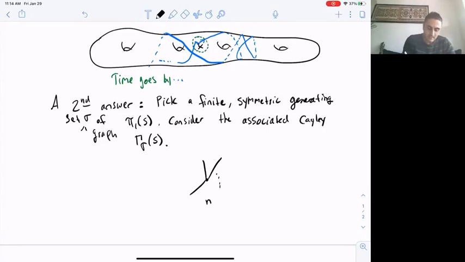There's n of these edges, where n is the size of the generating set. And what I'm going to do is, starting at a particular base point, let's just say the identity element in the group, okay? I'm going to take a dice with n sides and I'm going to roll it. And whatever side lands up, I traverse that particular edge. And I move in this way. And what I'm doing is defining a random walk on this graph. Okay, so run a random walk.